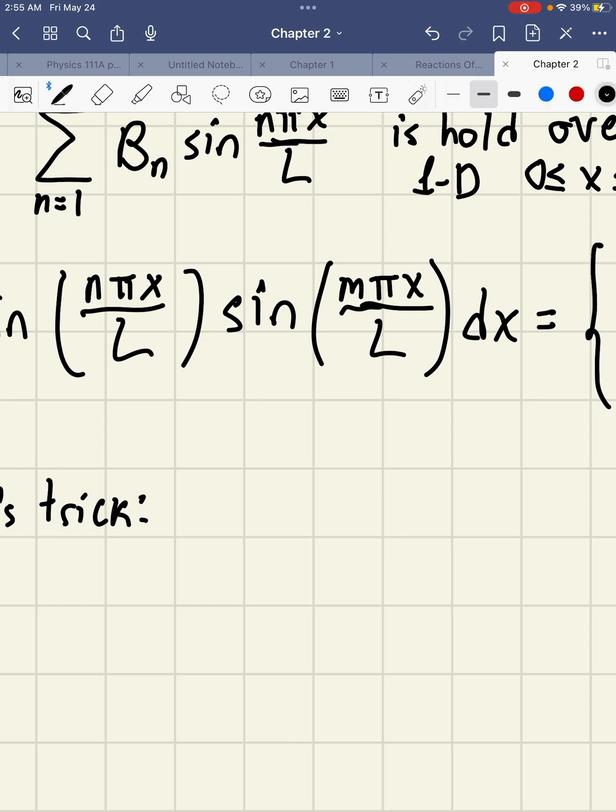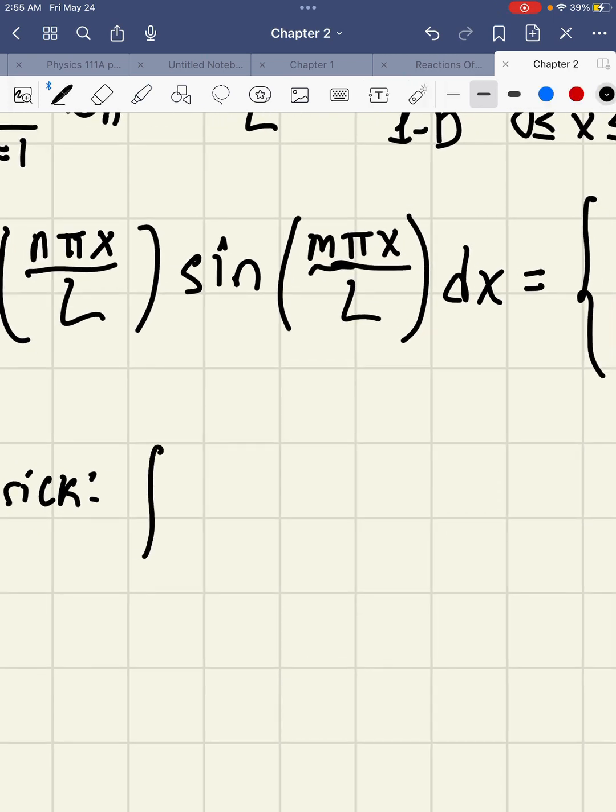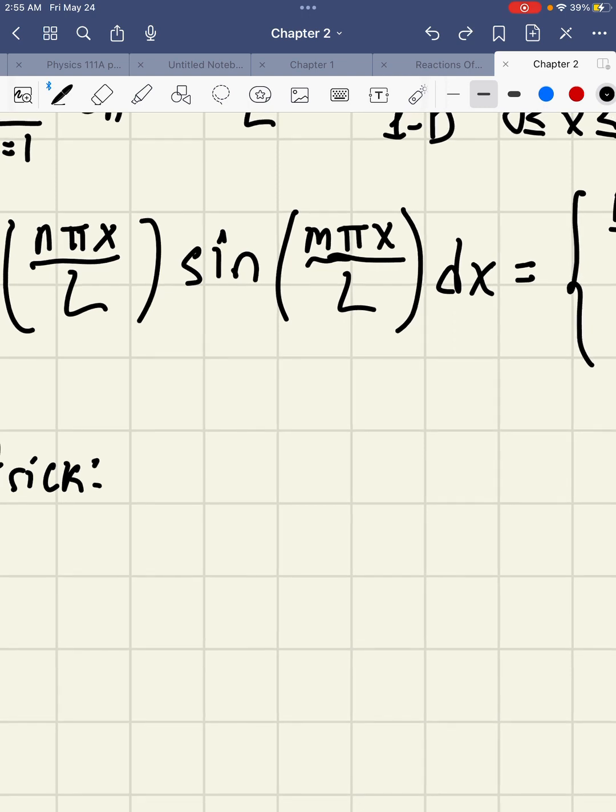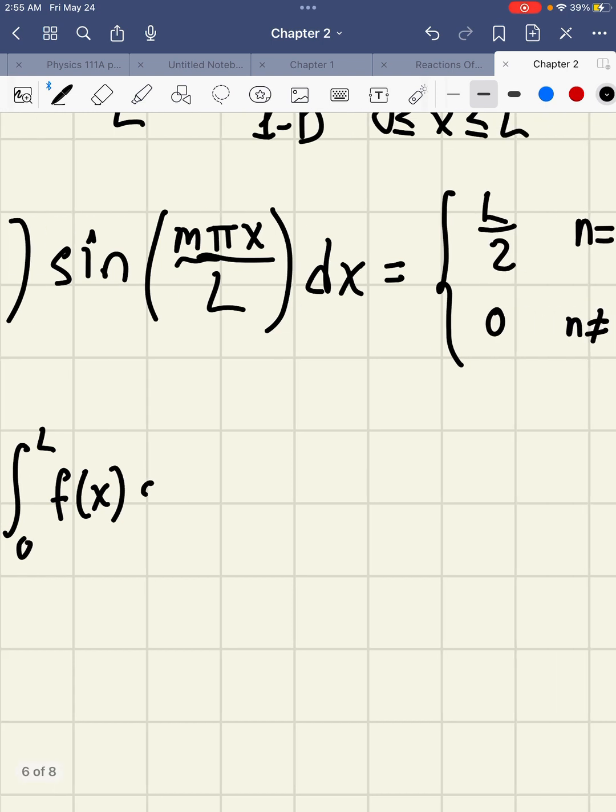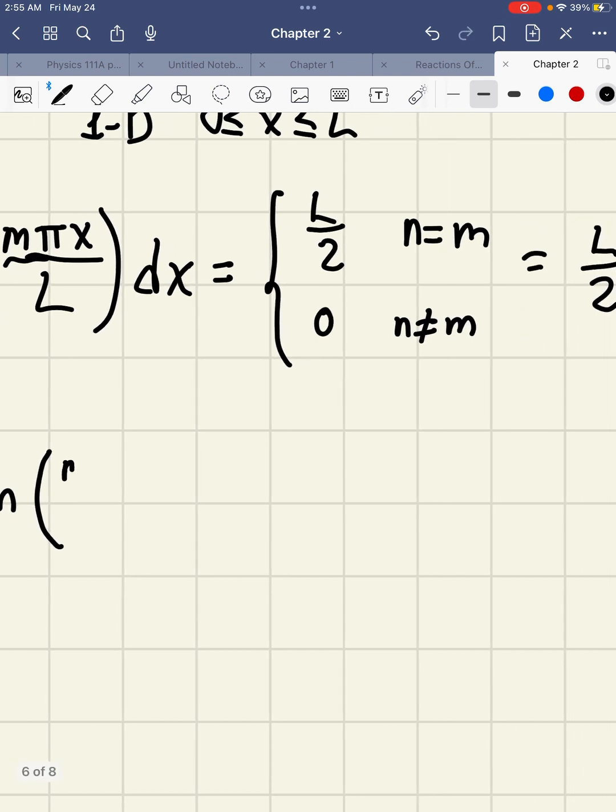So what I say is I integrate, so integral 0 to L f of x times sine of m pi x over L dx.